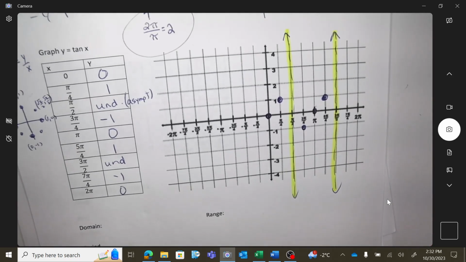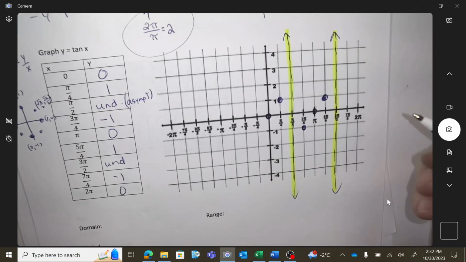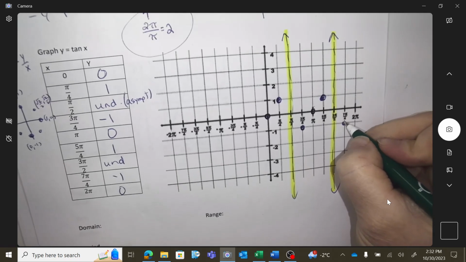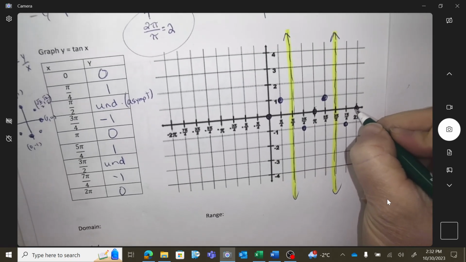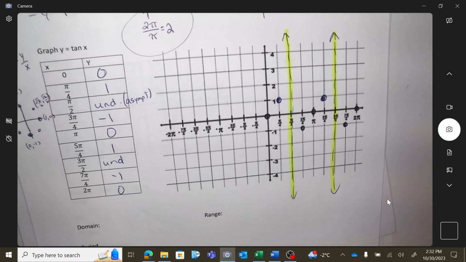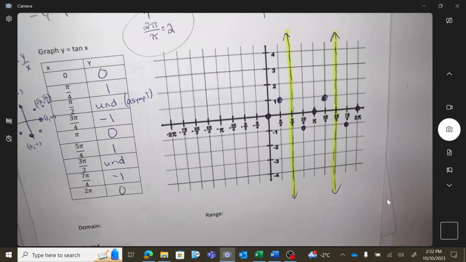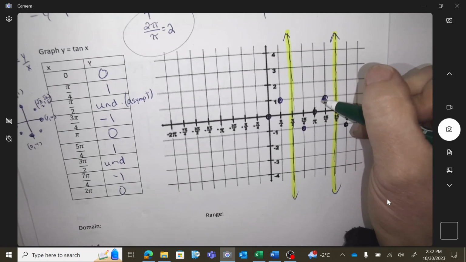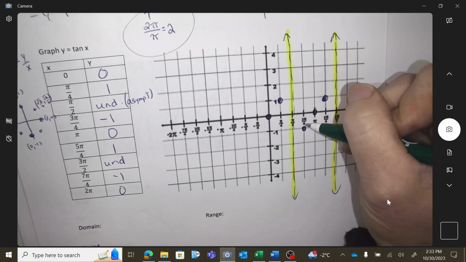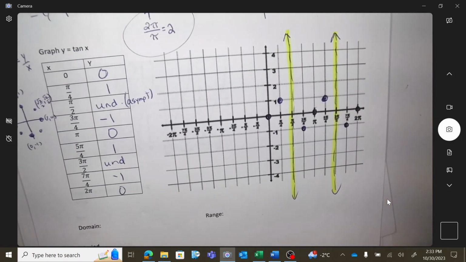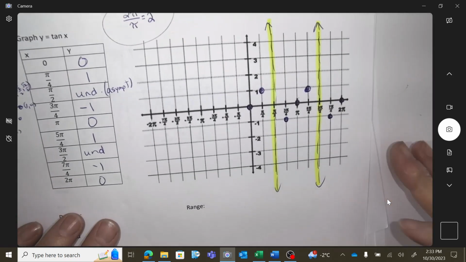Okay, so I plotted all those things that I know. Okay, so here's what it's going to look like.